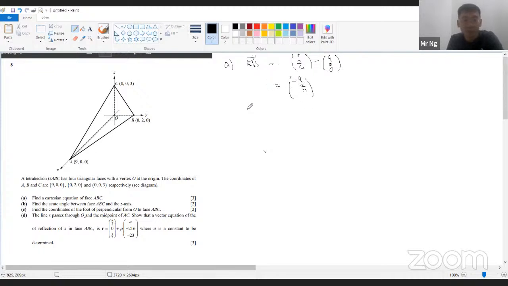OB minus OA, then after that maybe I want BC, OC minus OB. So Cartesian equation.